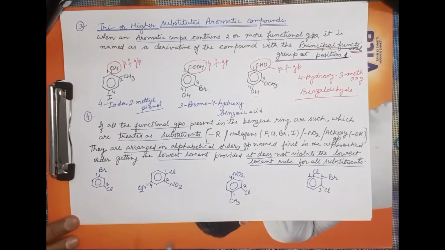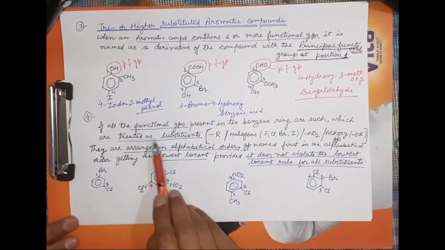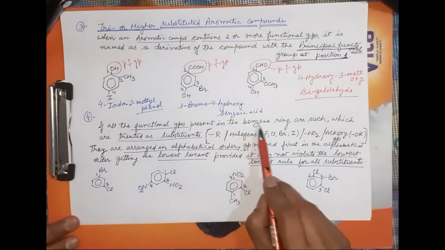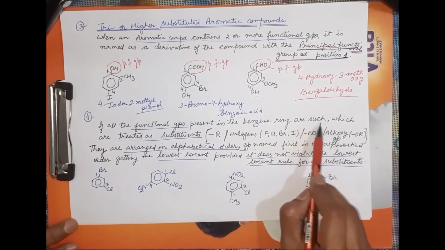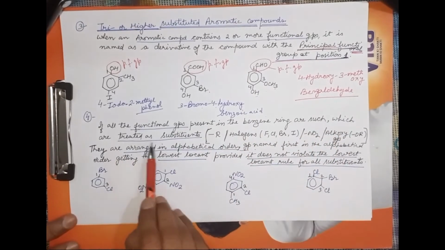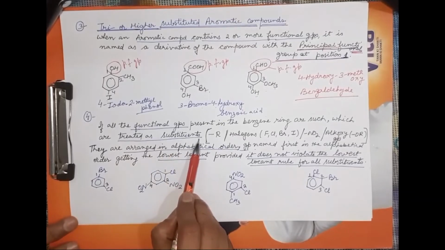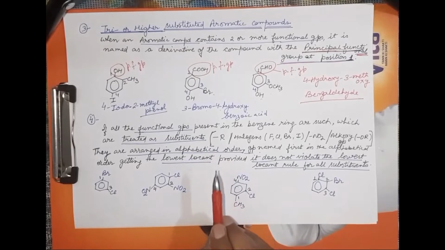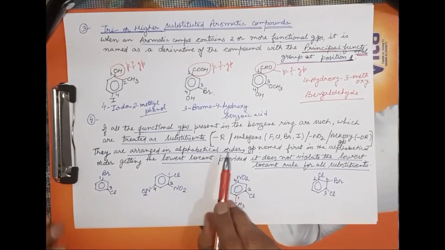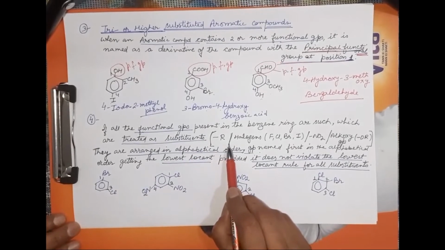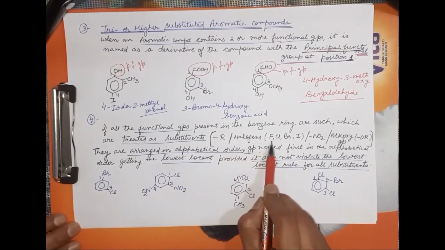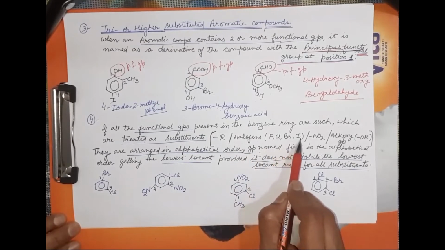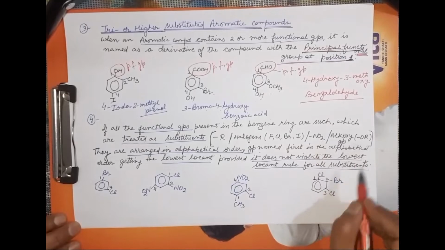Then the next possibility is there. Such cases are there in which all functional groups present in the benzene ring are such which are treated as substituents. And the functional groups which are always considered as substituents are alkyl group, halide groups, fluoride, chloride, bromide, iodide, nitro group, alkoxy group.